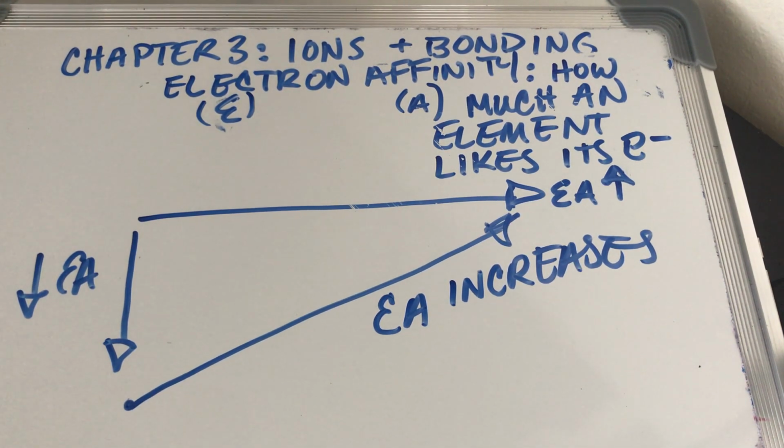So you can think about them as being two sides of the same coin, right? One's looking at how much it takes to lose electrons, and the other one's looking at how much it likes electrons, right? Cool. Questions about that?